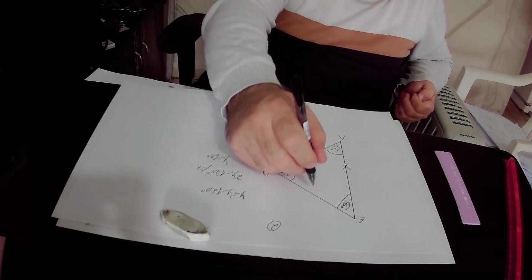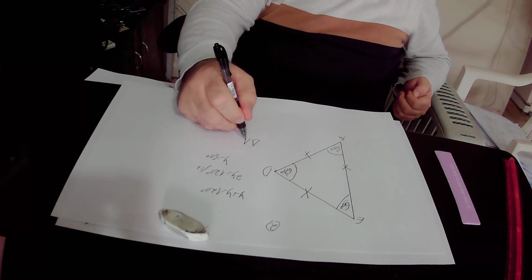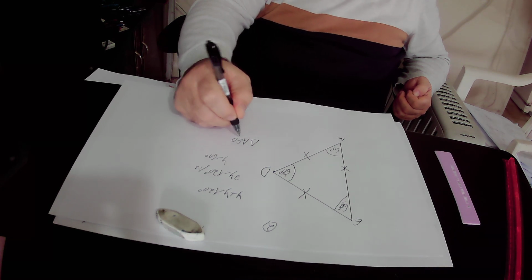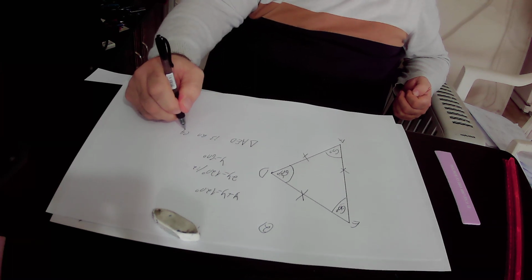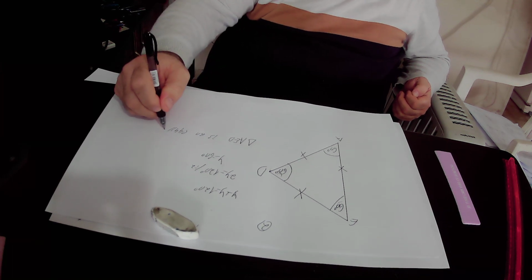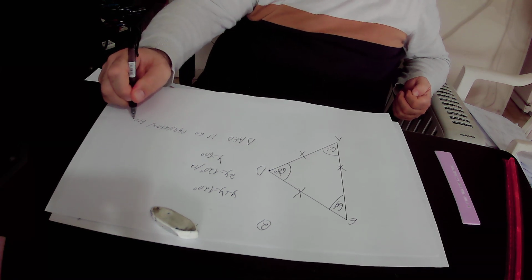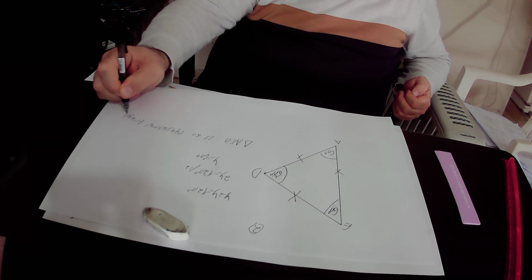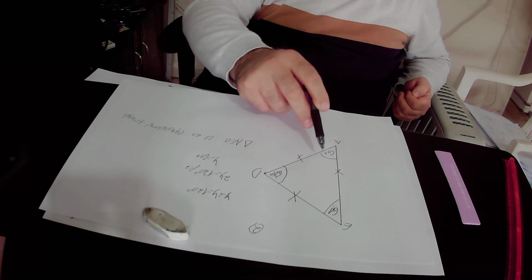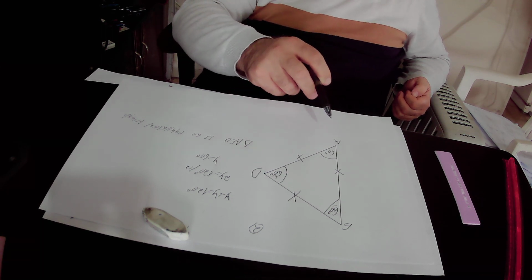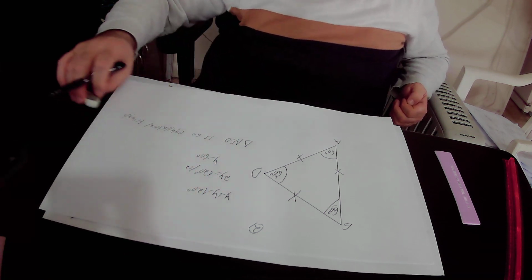So this side will also equal x. Triangle AED is an equilateral triangle. That is to say, all its three sides are equal to x, and all of its three angles are equal to 60 degrees.